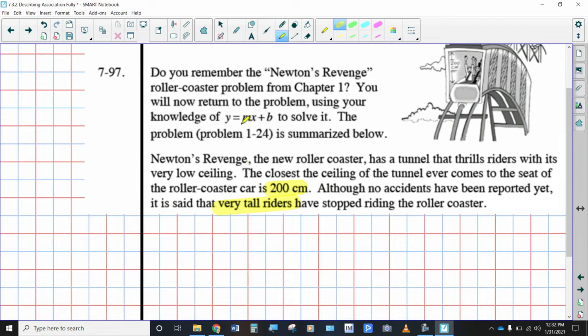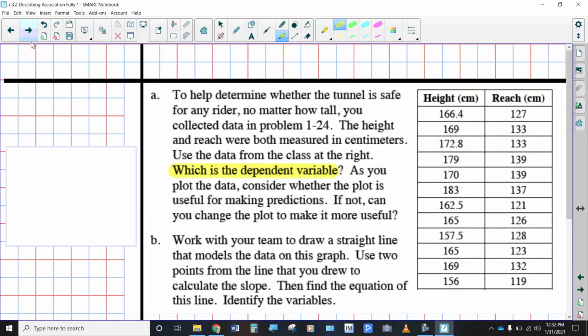And we're going to see if there appears to be a correlation or an association between a person's height and their reach. And if there is, then that's where we move to today's lesson, where we create a line of best fit and we create an equation to see if really tall people have anything to be concerned about.